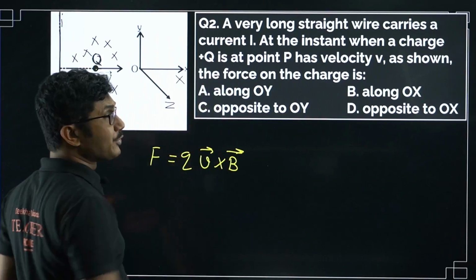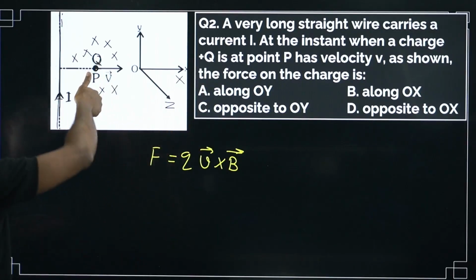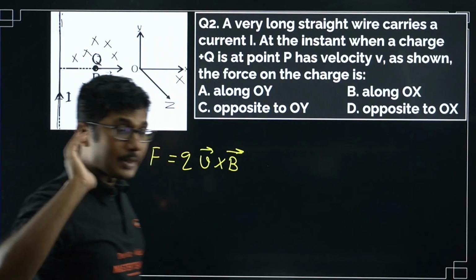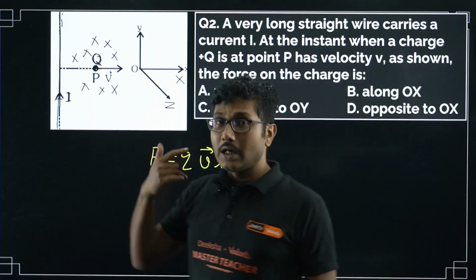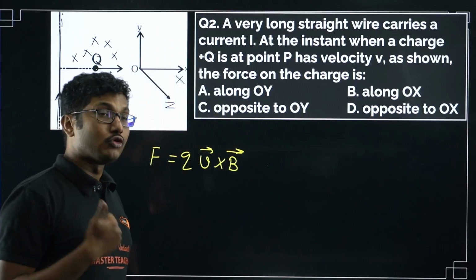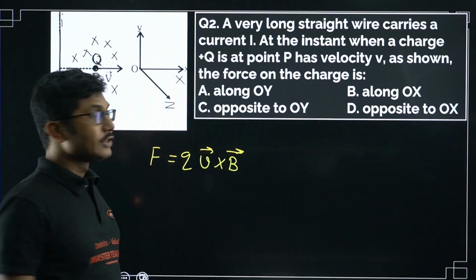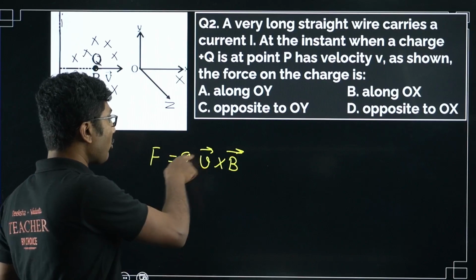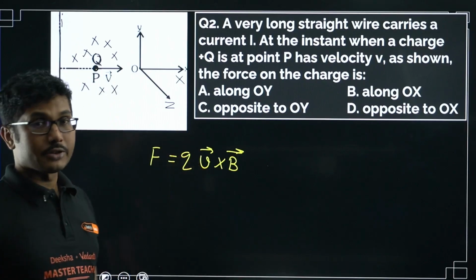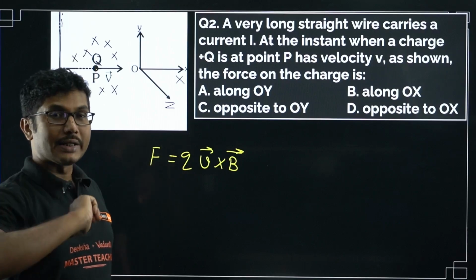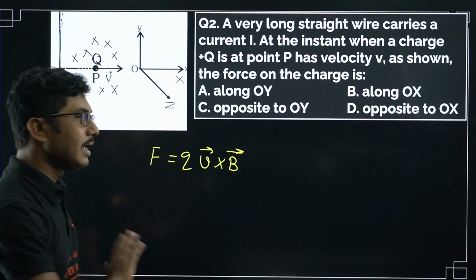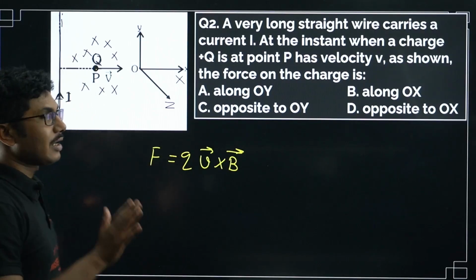If it was a negative charge, after doing that you have to take the reverse of that. So be very careful, this kind of question is super important. The direction of the force depends on the polarity of the charge. If Q is positive only, then we can apply this logic directly. If Q is negative, after applying the logic you have to take the reverse direction. Everything else will be the same after you find the direction.